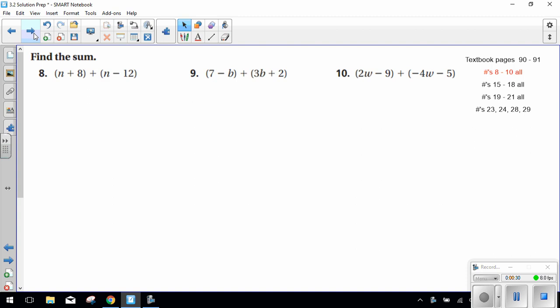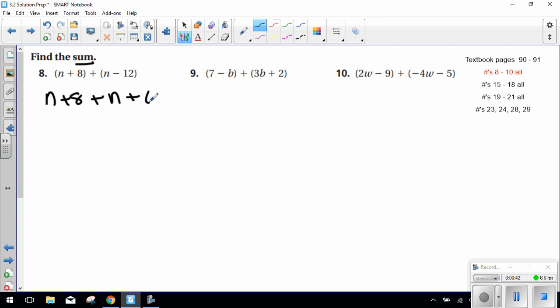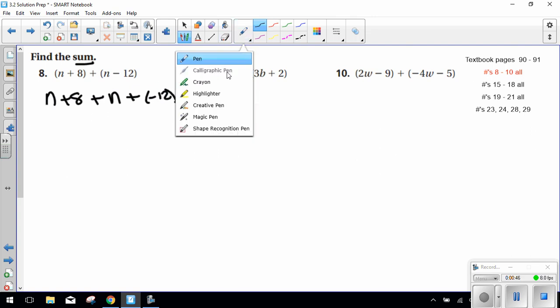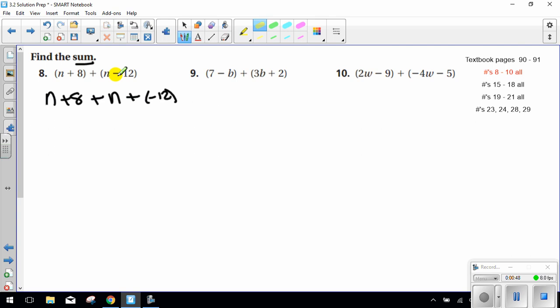So let's begin. Number 8 here, we are looking to find the sum. So I'm going to take n plus 8 and add it to n plus negative 12. What I did here, hopefully you recognize it by now, I made that minus a plus and I made this 12 the opposite, so plus negative 12.